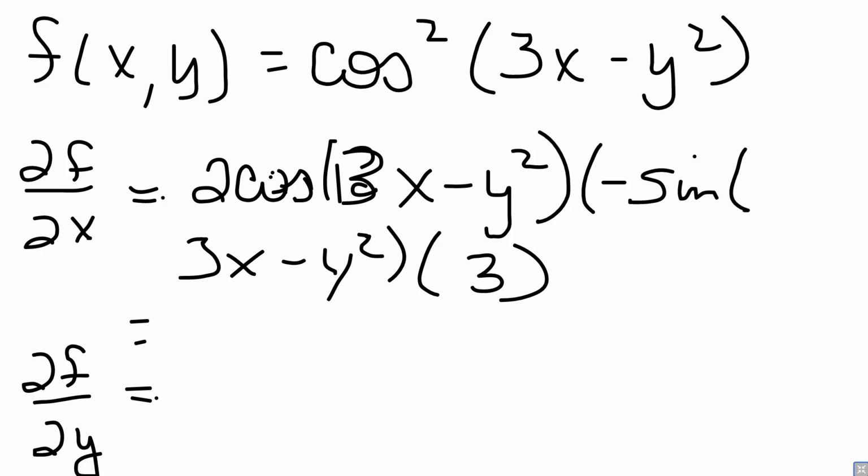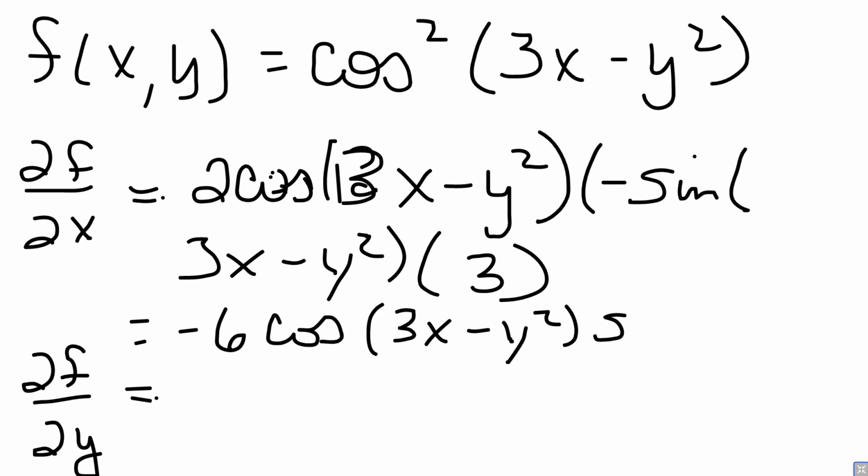So we should end up with a final answer of negative 6 times the cosine of 3x minus y squared times the sine of 3x minus y squared. Okay. Any questions?